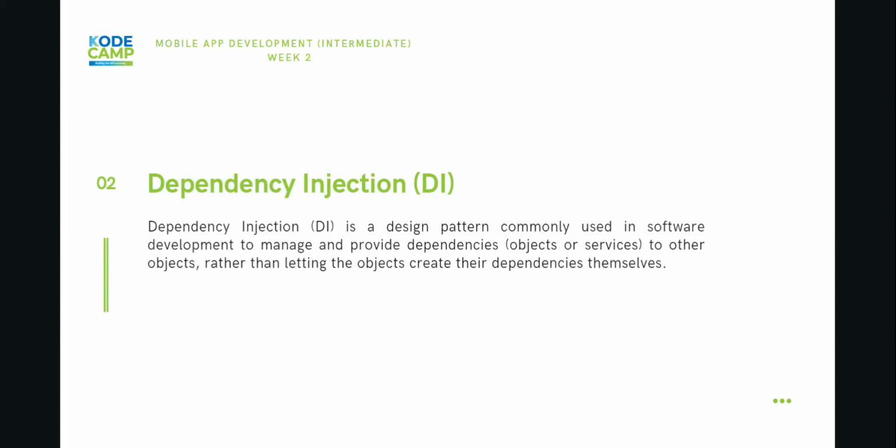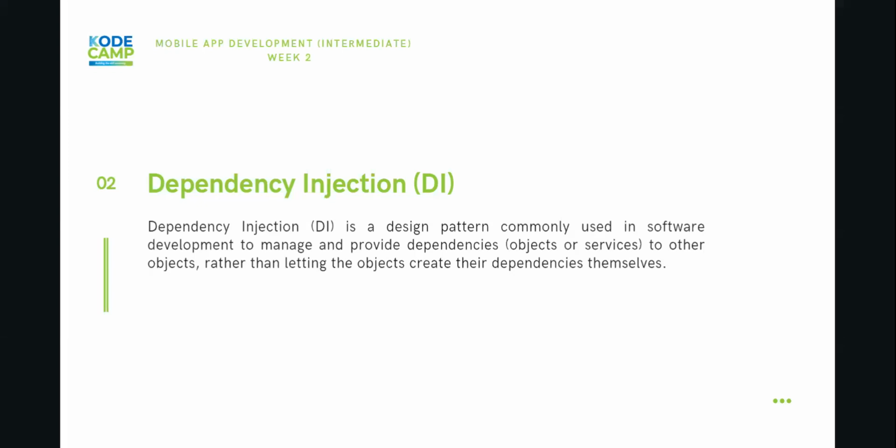It's just a design pattern, or you can call it an architectural concept. So it basically just facilitates that management and provision of dependencies, which, like I said, could be objects or it could be services to other parts of your application. So let's look at it from an Android perspective or an application perspective. So there are parts of your application which probably need a particular dependency, right, to function.